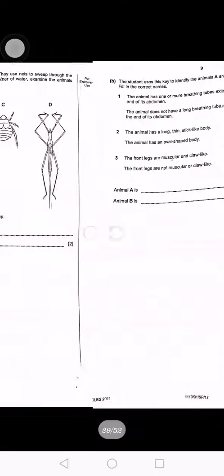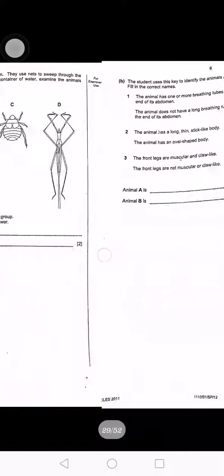The animal has an oval shaped body. بصوا على A كده هتلاقوها الشكل بتاعها oval. يبقى دي right. يبقى correct answer Nepa cinerea.